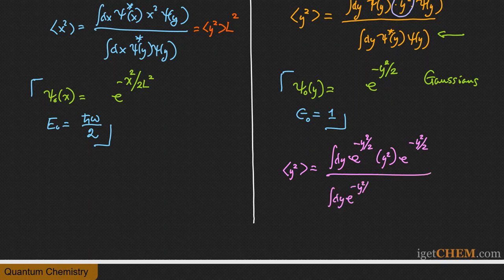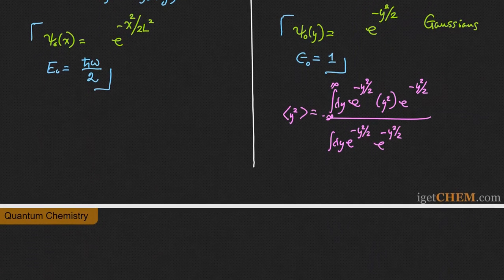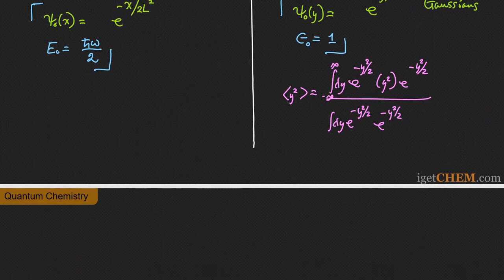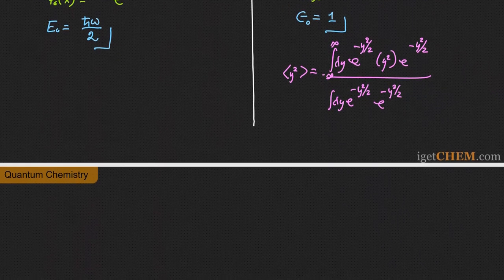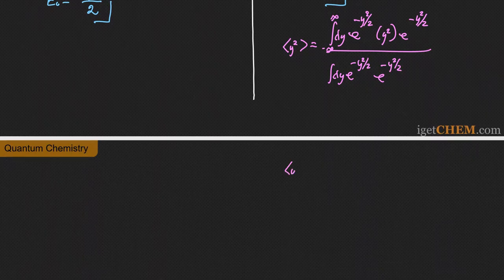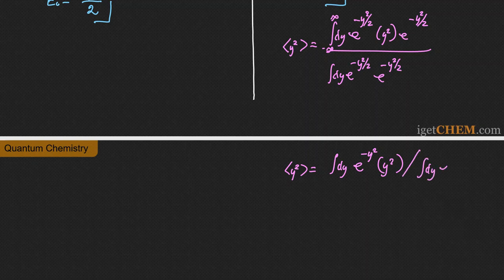These integrals are from minus infinity to plus infinity. I'm not going to put in all of the details, so you know what I mean. When you multiply the two Gaussians together, y squared gives you dy, and it's just e to the minus y squared with a factor of y squared. And in the bottom, you have the same thing, but without the y squared.